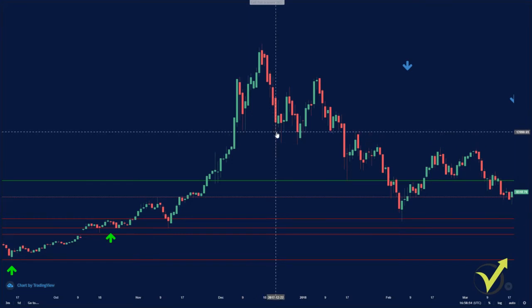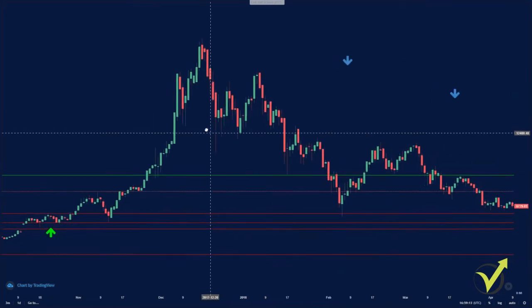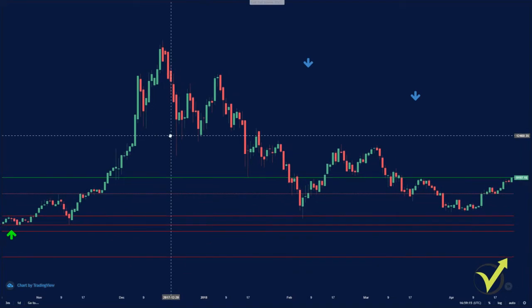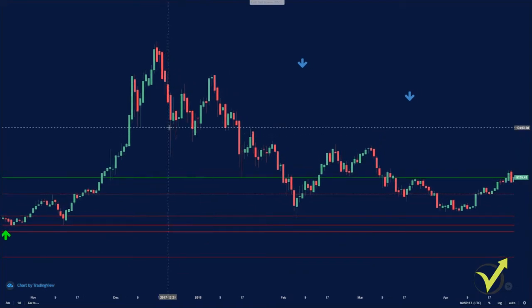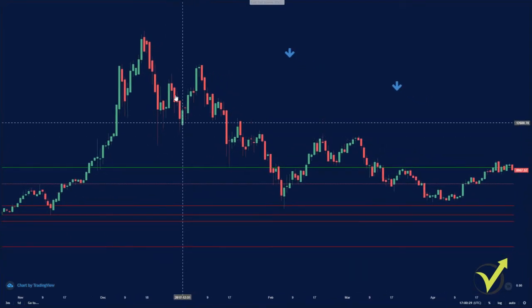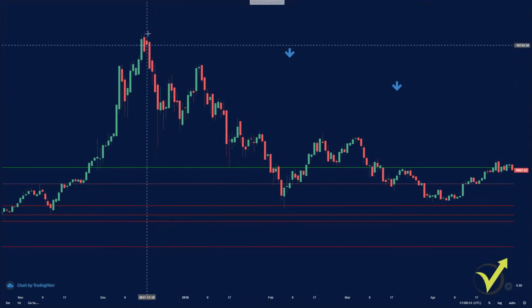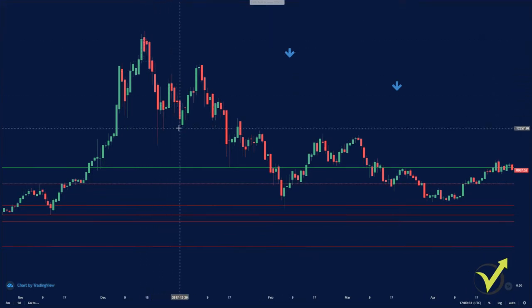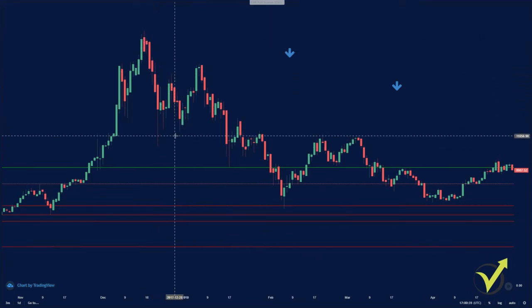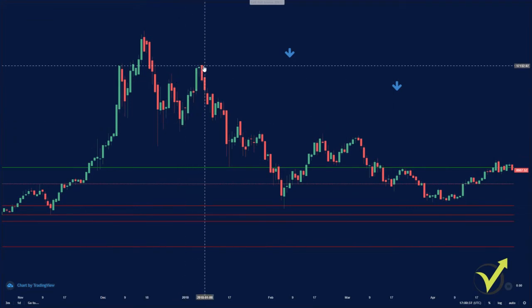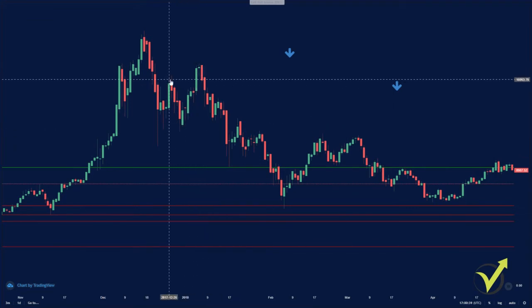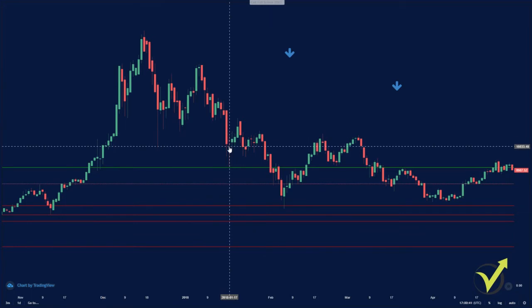And this is where the uptrend was disproved. This was the strongest signal for me that we might expect the price to get into a downtrend. After that, the price failed to take this recent high, and it didn't form another lower low. It made another higher high than this one, and then it continued lower.